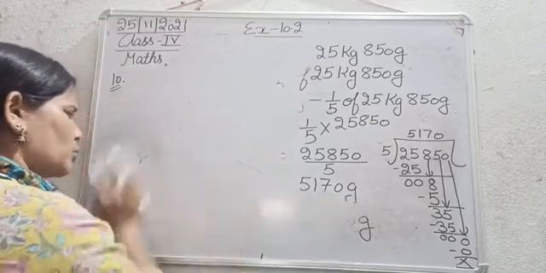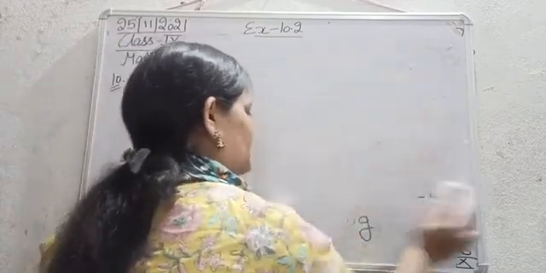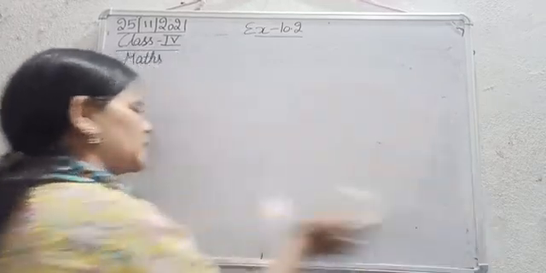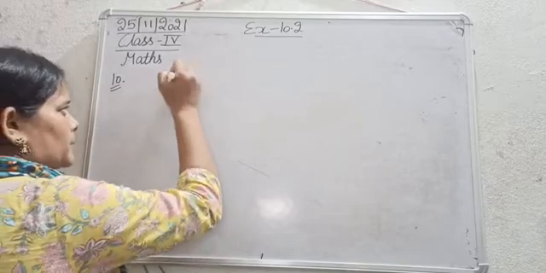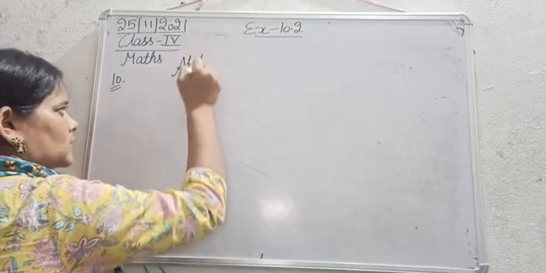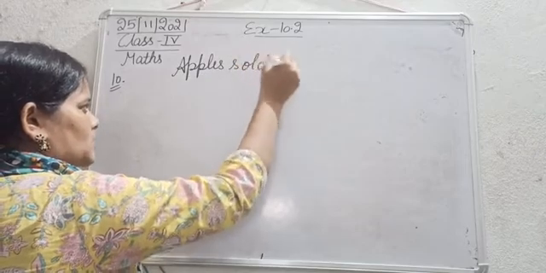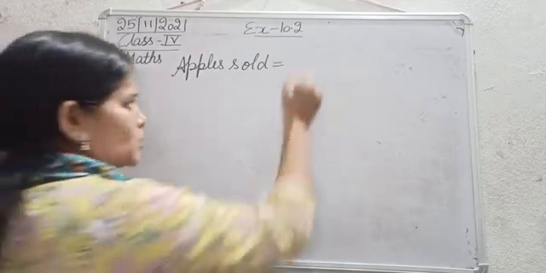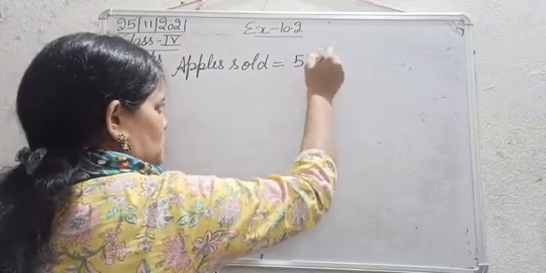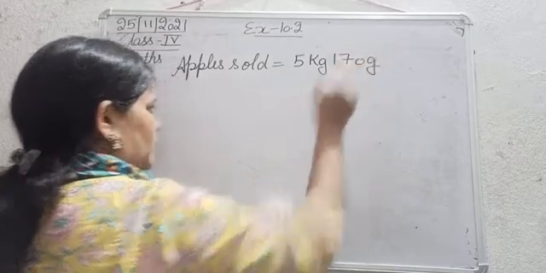Now it is still in continuation. So the apples sold is equal to, write it below that, apples sold is 5 kg 170 gram.